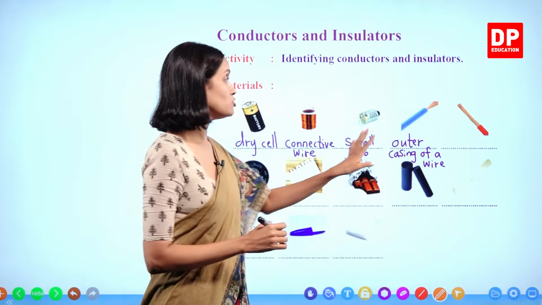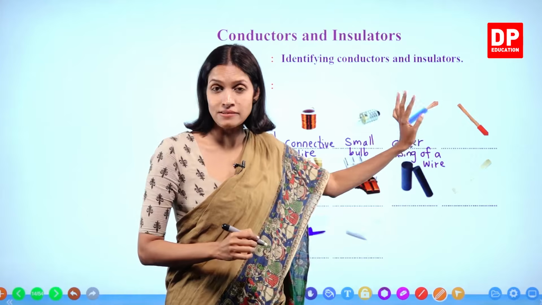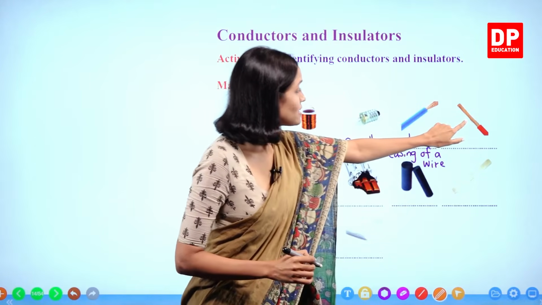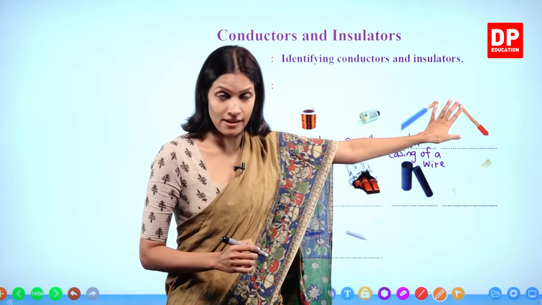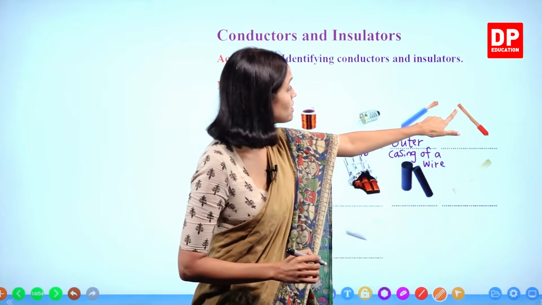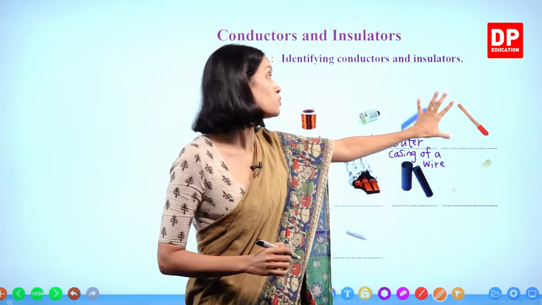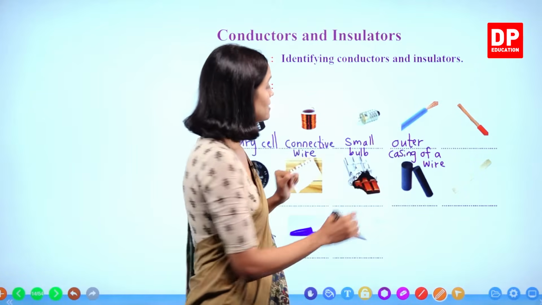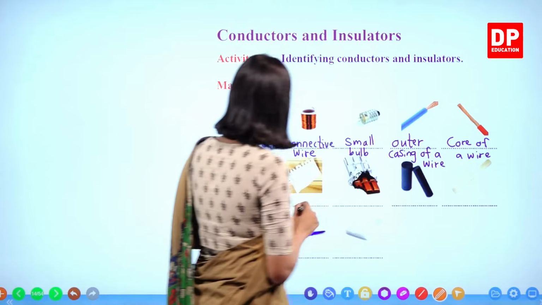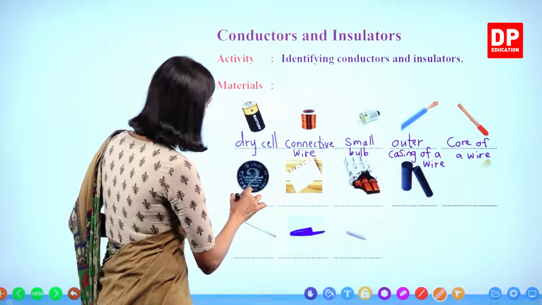And then we need to use the inner part, right? Inside the outer casing, the wire is there. Normally when we connect these wires to the circuit, we connect from this inner part, which is known as the core of the wire, right? So we need the core of a wire, okay? Then we need a coin.